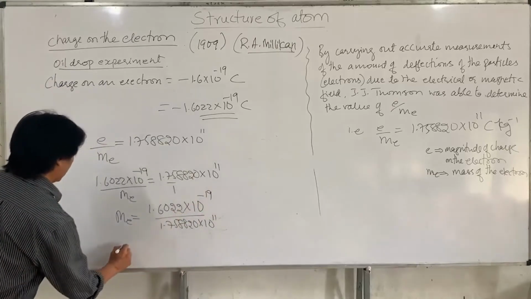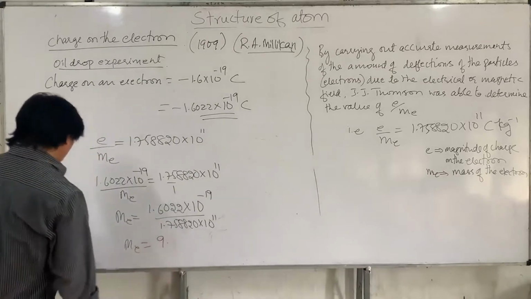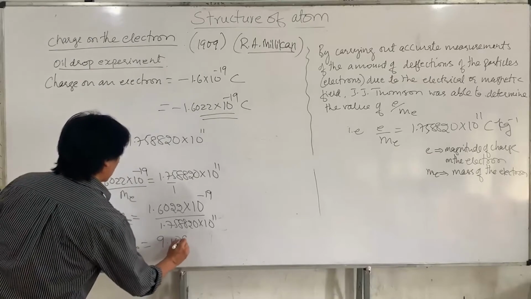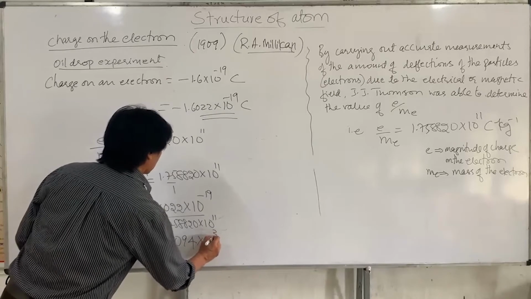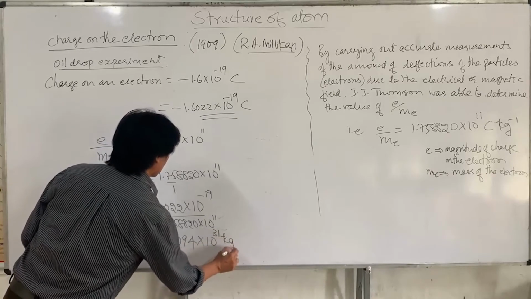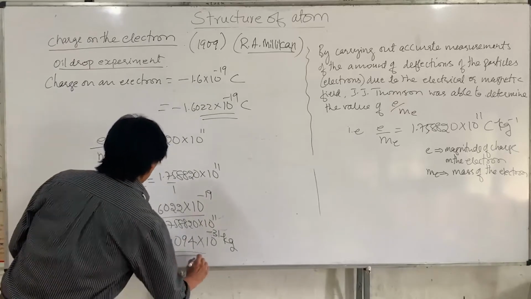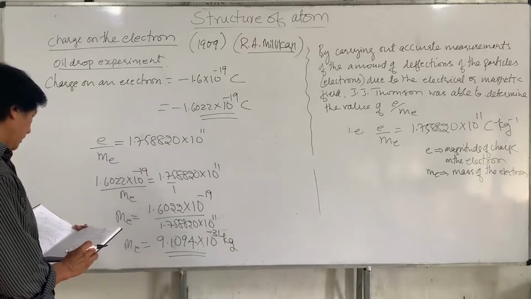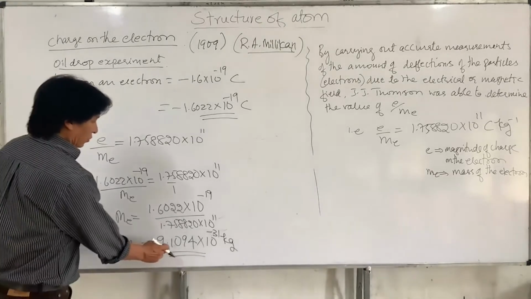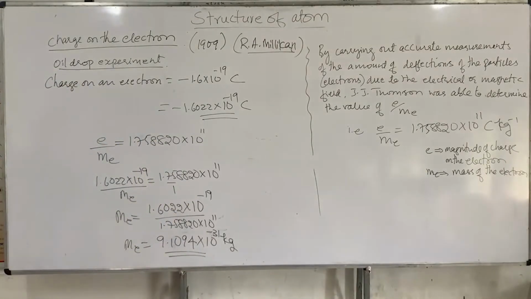On simplification, the value here happens to be 9.1094 into 10 raised to the power negative 31 kilograms. So this is finally the mass of an electron, 9.1094 into 10 raised to the power negative 31 kilograms.